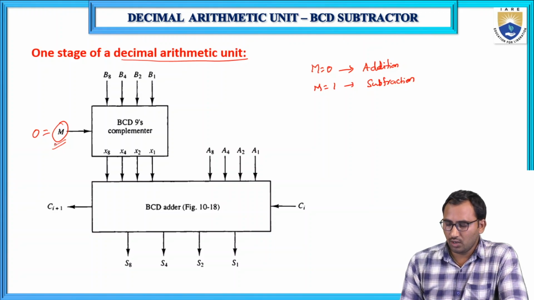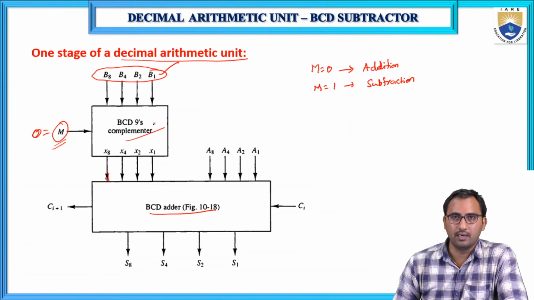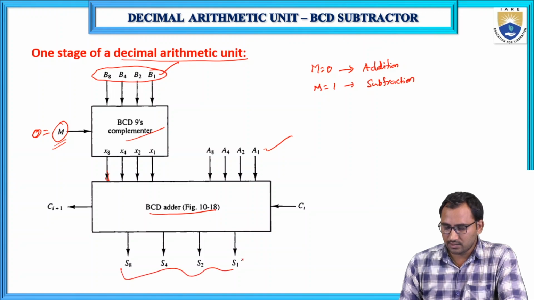Let us assume this is A and B. When m is equal to 0, the addend bits will be directly given to the BCD adder without performing the 9's complement. Then that number B will be added with A, and we will get the sum as the output. So that is the addition.